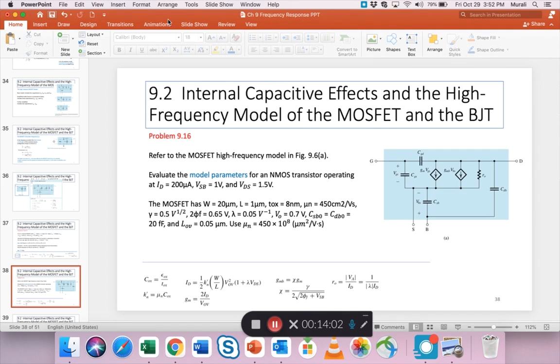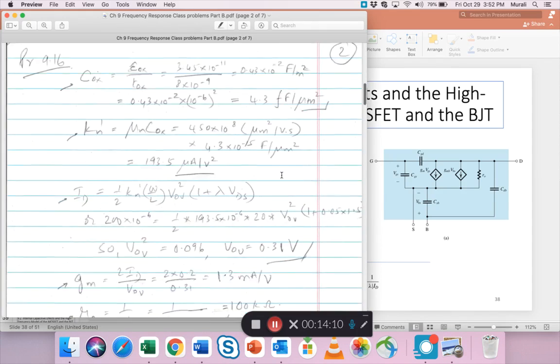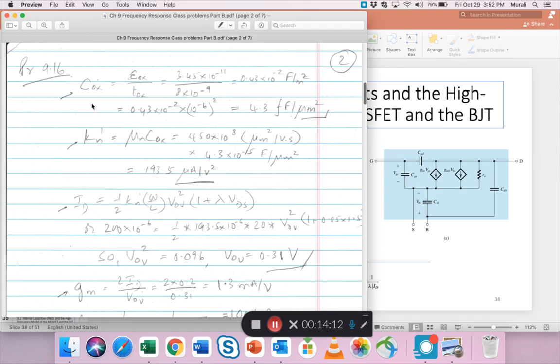Okay, so let's see how to do problem 916. Here it is. So starting with COX, again you have it in farads per meter square, and we want to convert that into farads per micrometer square.